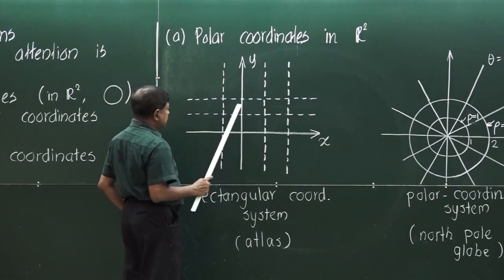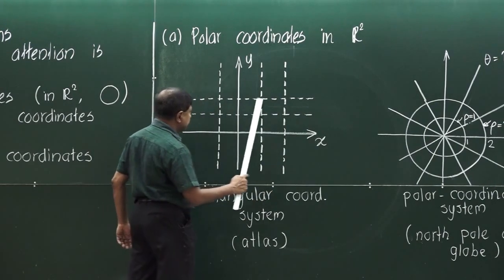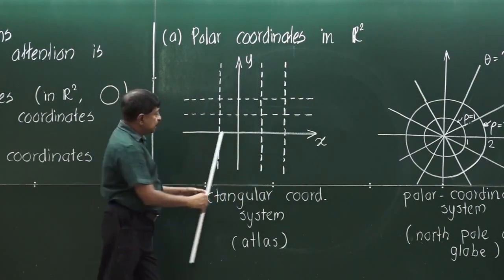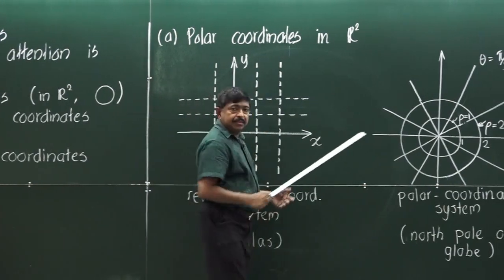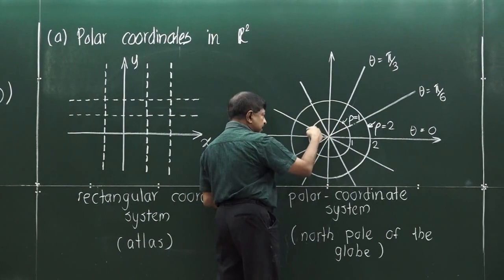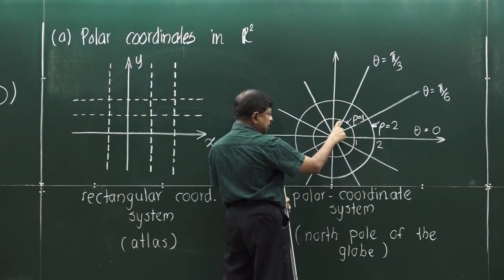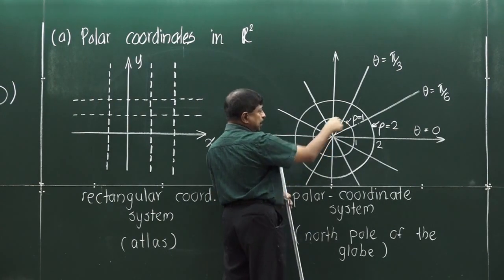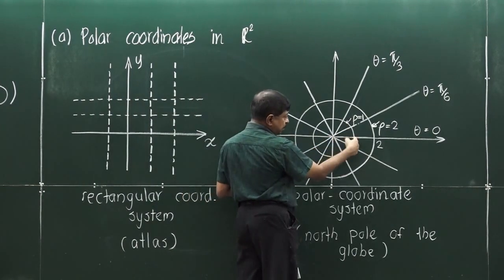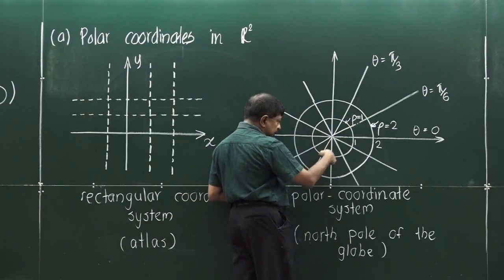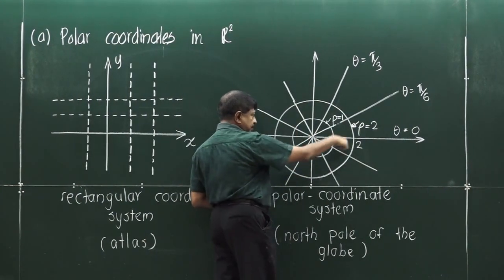Remember, in the rectangular system, if you move horizontally, y is constant. If you move vertically, x is constant. In that case, if you move along this circle, rho is constant. Rho is the distance from the origin to any point on the plane. For example, if this is 1, then rho is 1 on this circle. Here, rho is 2 on this circle.